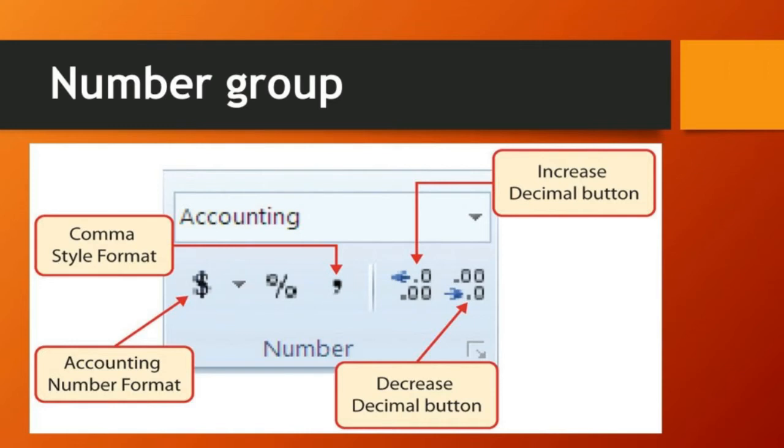Number group. The number group specifies the manner in which numerical data will be displayed. Currency and accounting options offer specialized formatting for monetary value. Date and time options display the date and time in different formats. Numbers can also be represented as percentages and fractions.